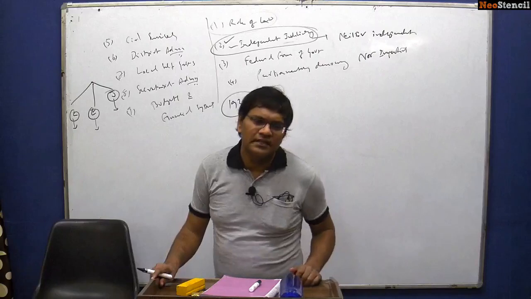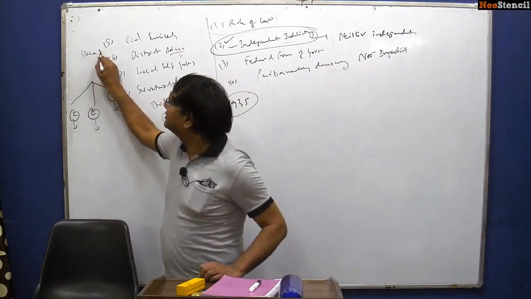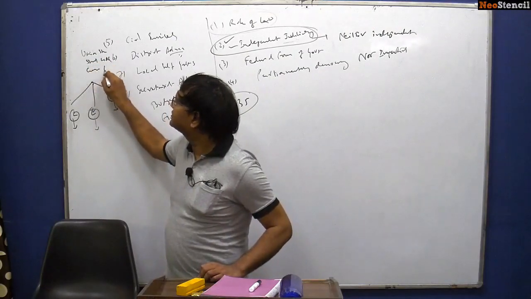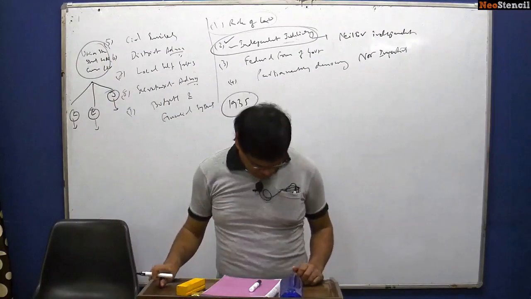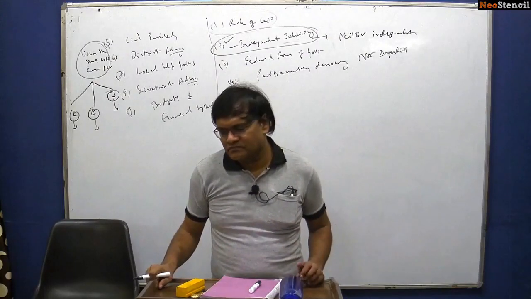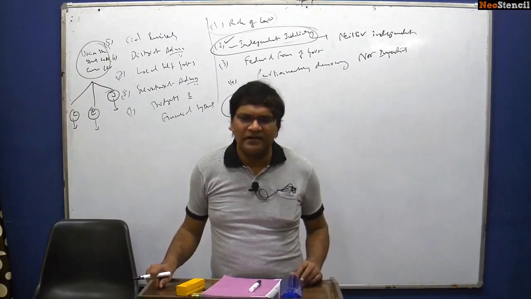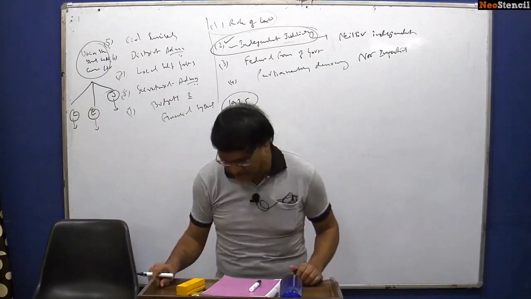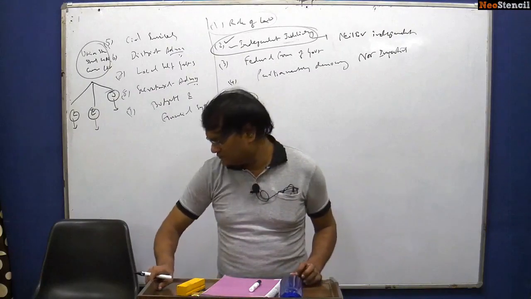How? It had come out with a union list, state list and concurrent list, to divide powers between the federal units.